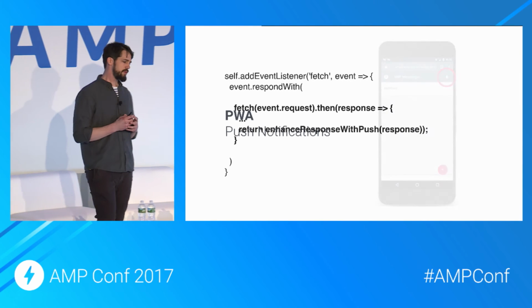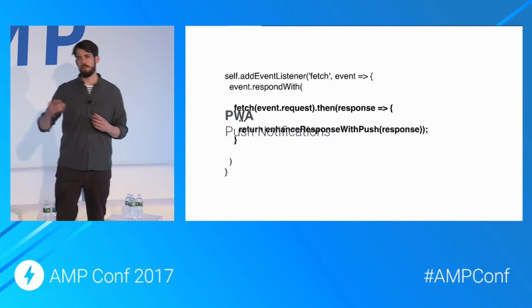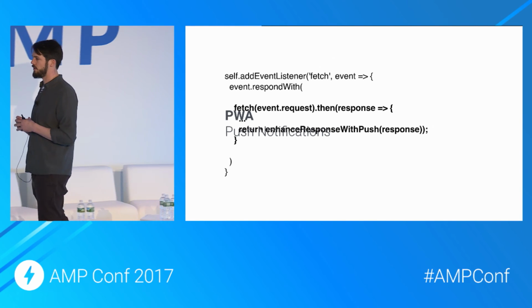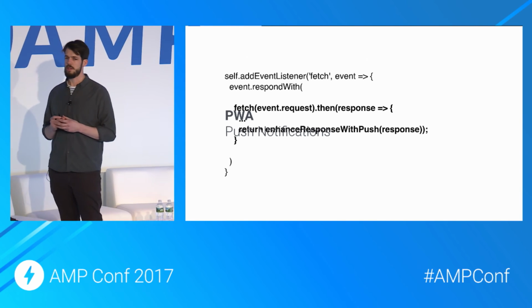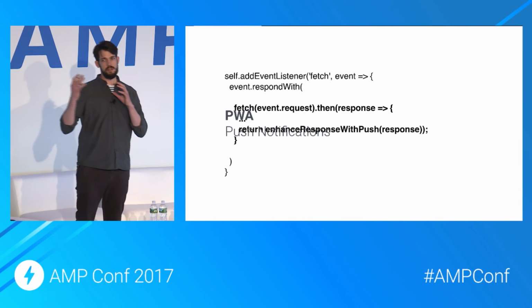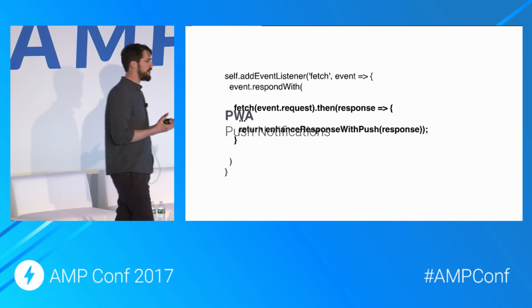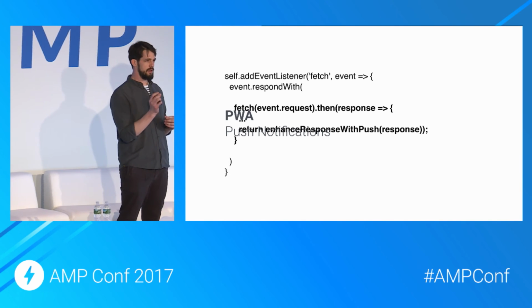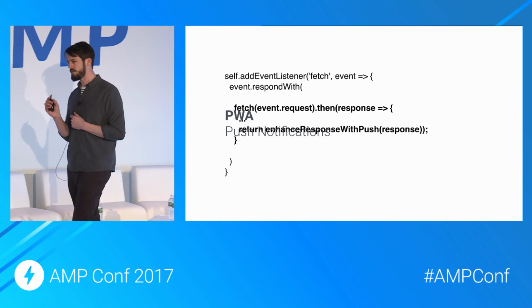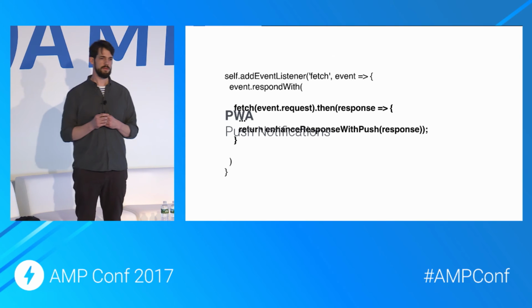We use a service worker which runs in the background, and you can use it to intercept page requests. And we do this, so every time you request a new page, we're going to fetch this page and then pass the response and add a tiny bit of JavaScript to the document that we need to enable the push notification.